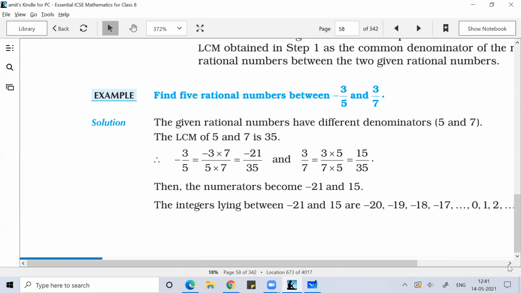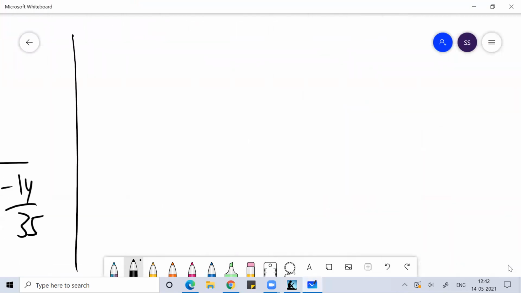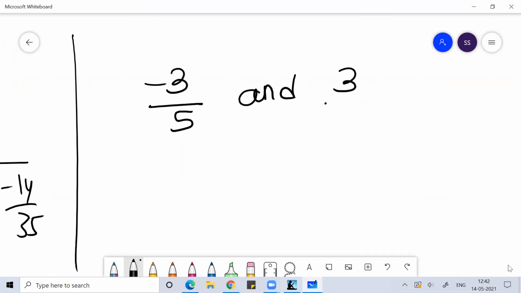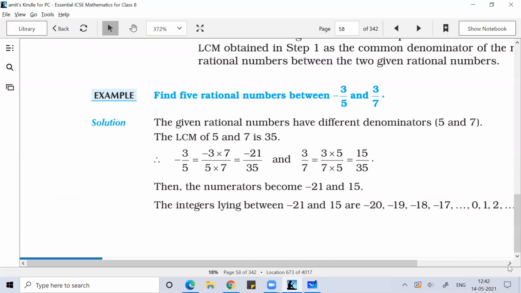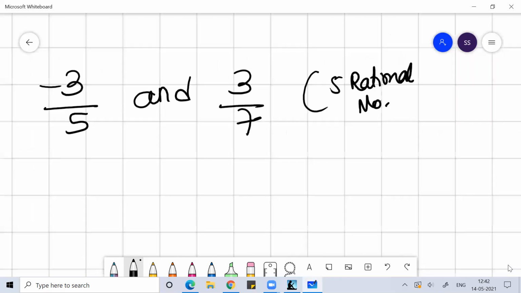Then expressing will become very easy. So minus 3 by 5 and 3 by 7. I want 5 rational numbers between them.